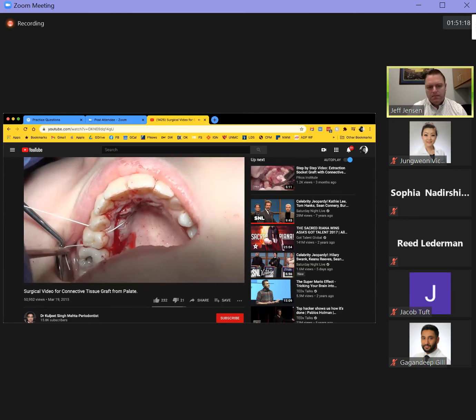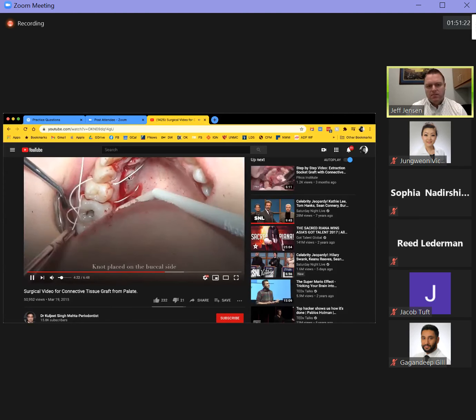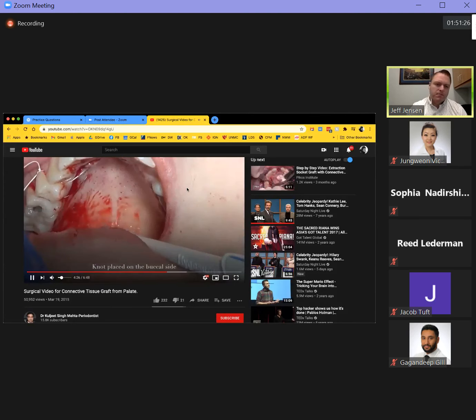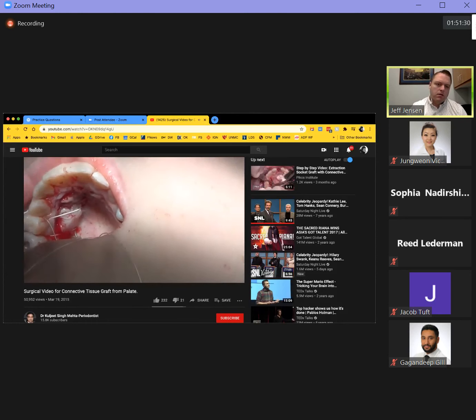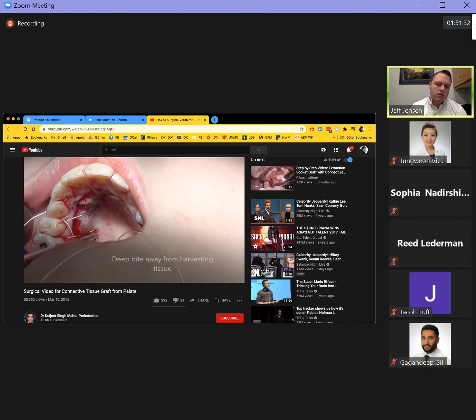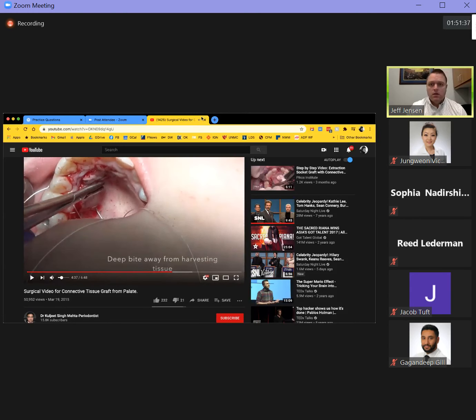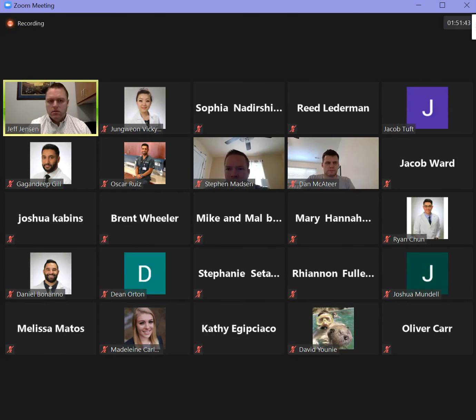Yep. When they suture this, they're pulling the base and putting pressure on it, but there's still a little wound through there. Does that make sense more now? It does. Thank you. Good.